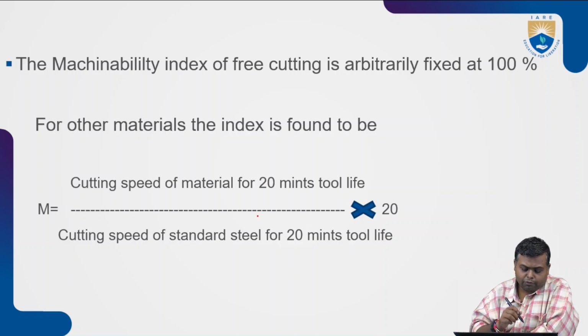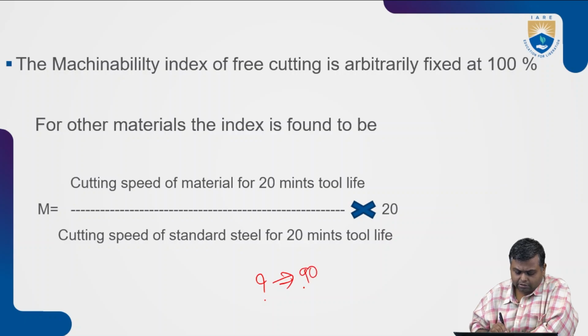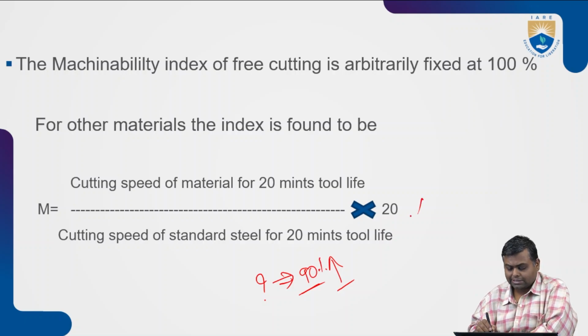If you take the values, the cutting speed for a material and the cutting speed value for the standard, into 100, will give you a number, say 90. So 90 means the number is very high, 90% in terms of percentage.